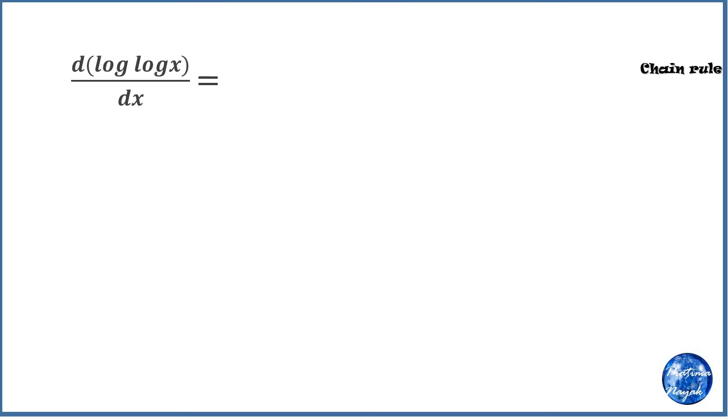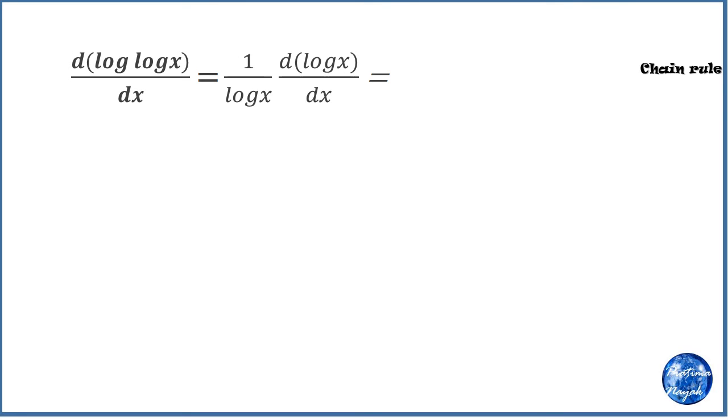Now it is log log x. fx is also log function, gx is also log function. 1 by log x into derivative of log x. Derivative of log x is 1 by x. So it will be 1 by log x multiplies 1 by x. It will be 1 by x log x.